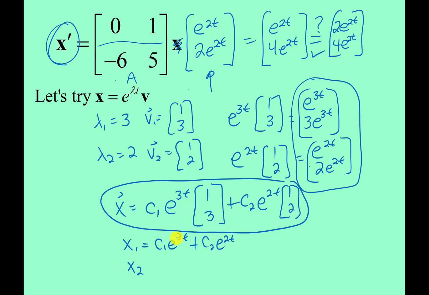Okay, so x2 is, we do the lower ones, the second component, so that's going to be 3C1 e to the 3t plus 2C2 e to the 2t. So there are our solutions. This is a way to write it using the vectors, or you could just look at the first components and get our x1 and look at the second components and get our x2.